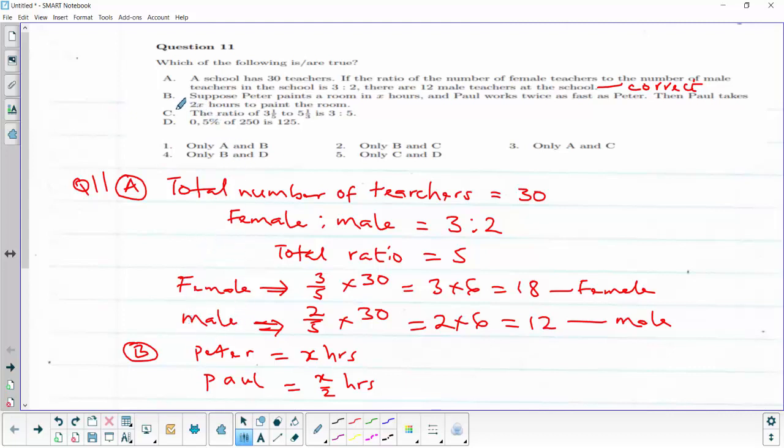When we read the question very well, we can see that Paul takes 2x hours to paint the room. This one is wrong because it's supposed to be half of x to paint the room. So this is wrong.